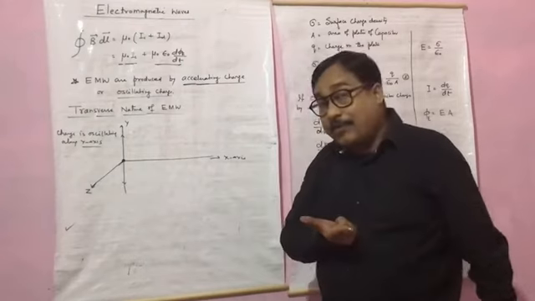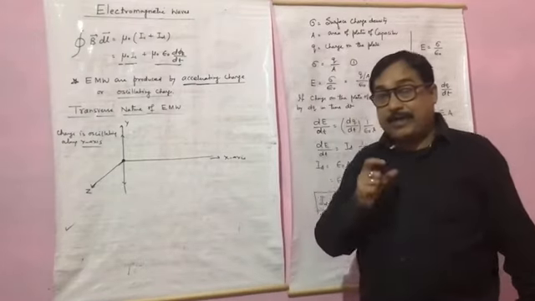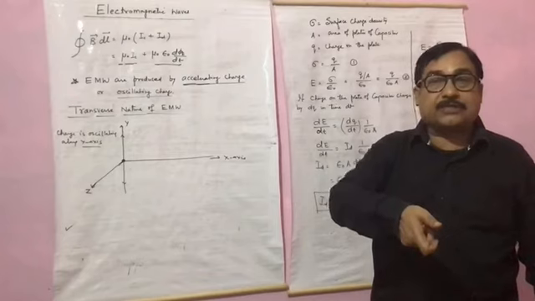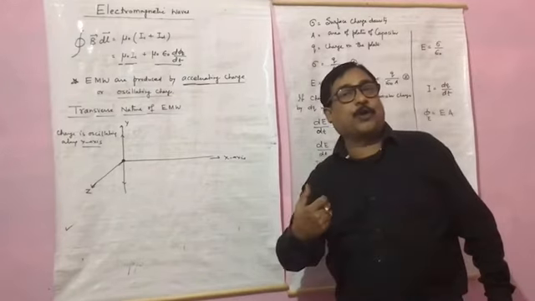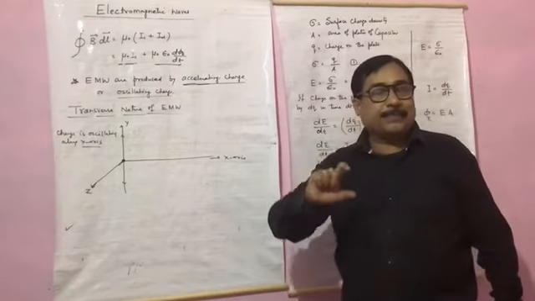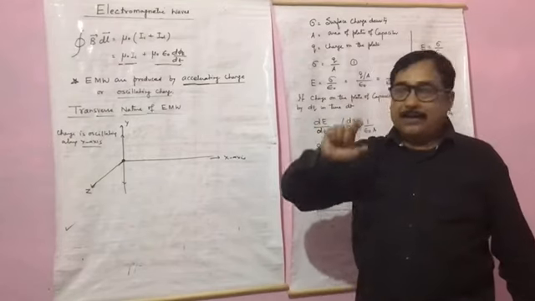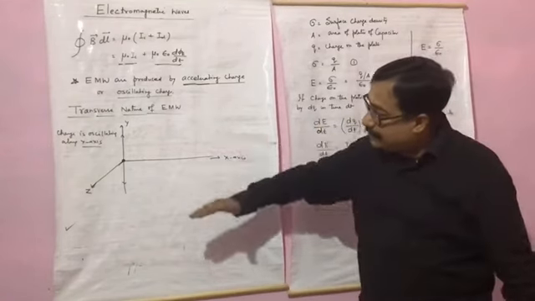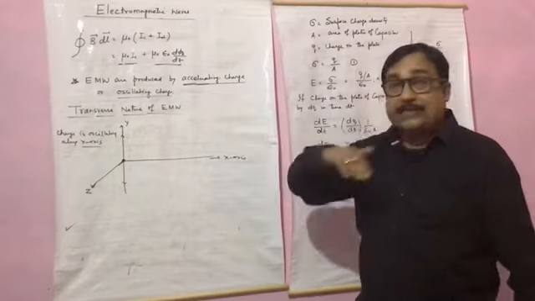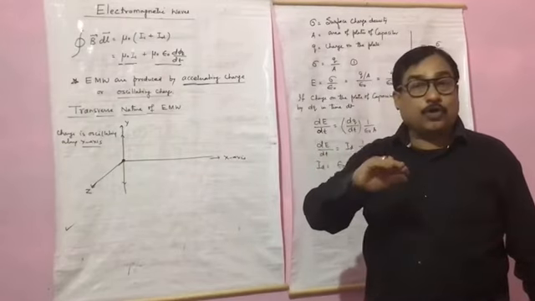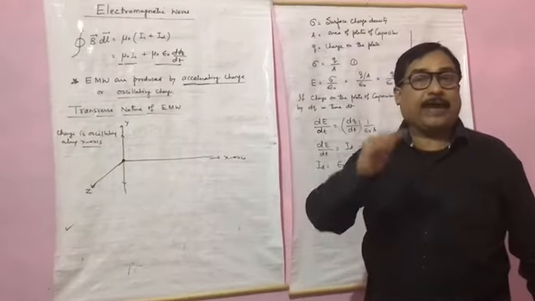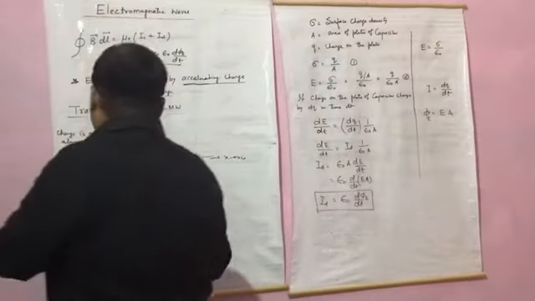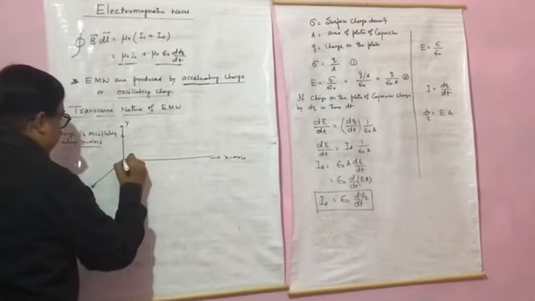And what is the nature of that electric field? The frequency of oscillation of the charge and the frequency of the electric field produced are the same. As the charge moves along the y-axis, the electric field also oscillates along the y-axis.